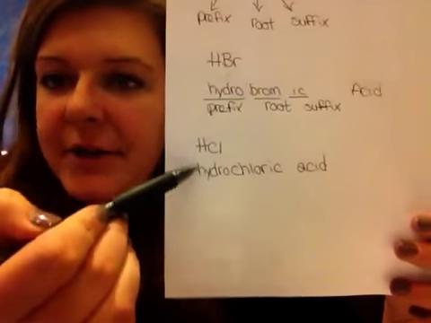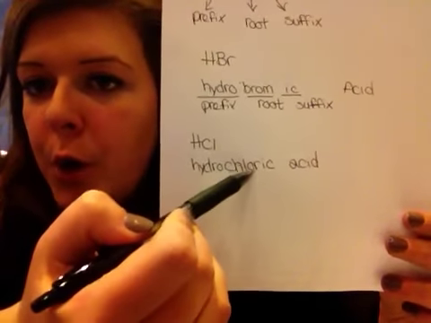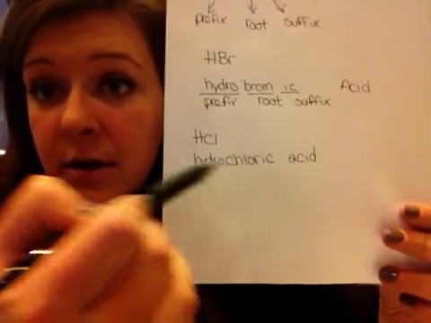So I would name this hydrochloric acid. I have the hydro, I have the root, which is chlor, and then I added an -ic. So hydrochloric acid. Let's do another one.